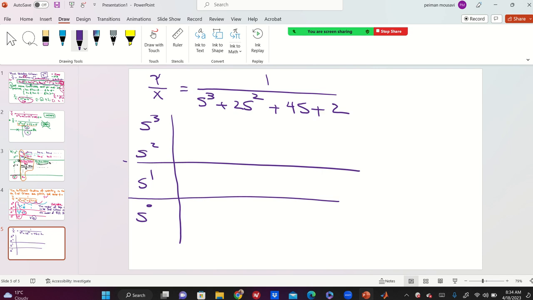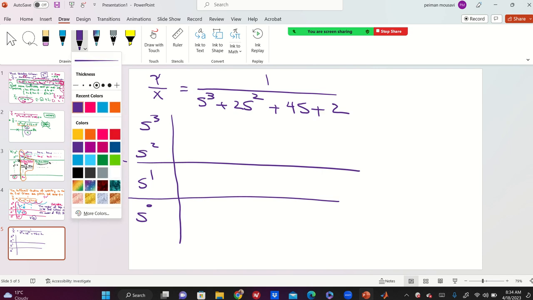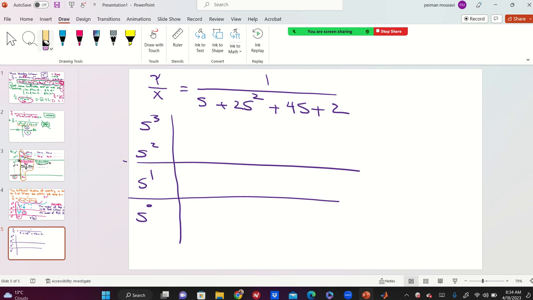Well, let me change it, because this is nonsense. s to the fourth plus 4 s cubed plus s squared plus 2s plus.